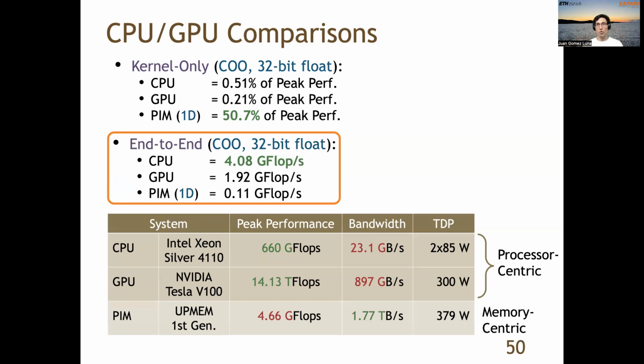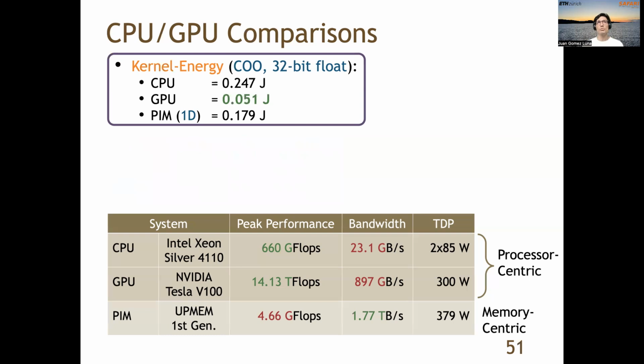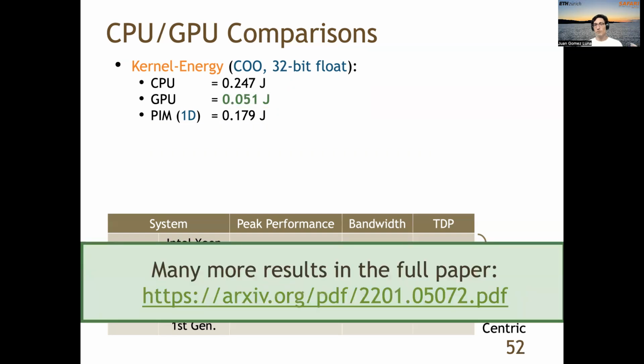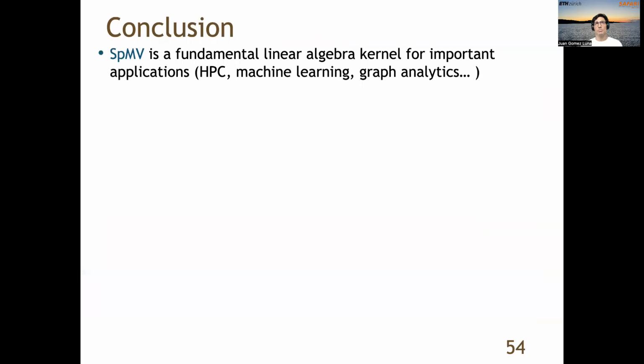Here we see that the overall performance is better for the CPU, basically because it doesn't have to do data transfers, as is the case of the GPU or the PIM system. We also perform a comparison in terms of energy, and we observe that even though the most energy efficient device is the GPU, the PIM system has 1.38 times higher energy efficiency than the CPU. You can find many more results in the paper.